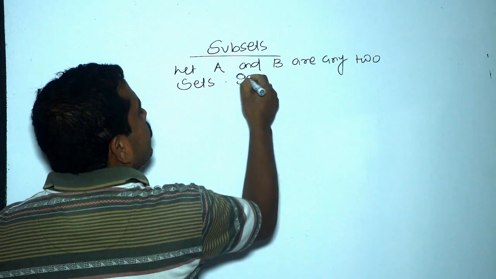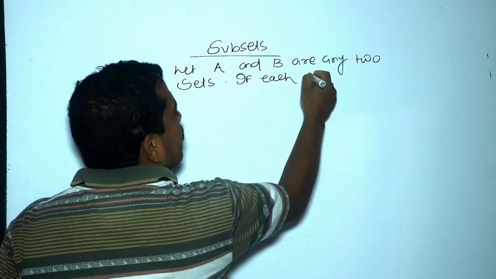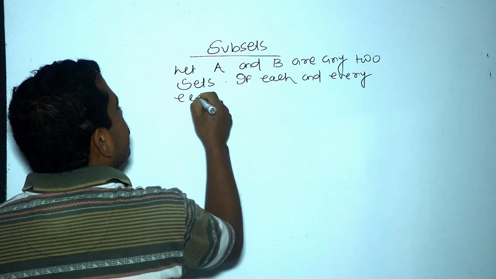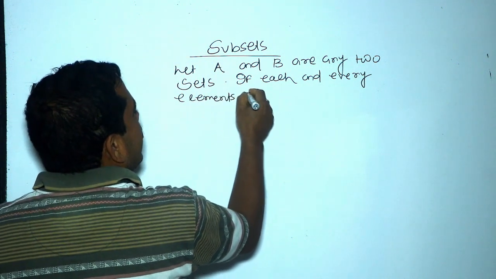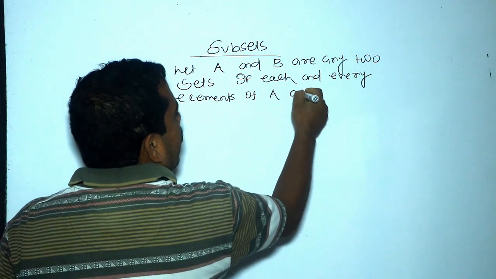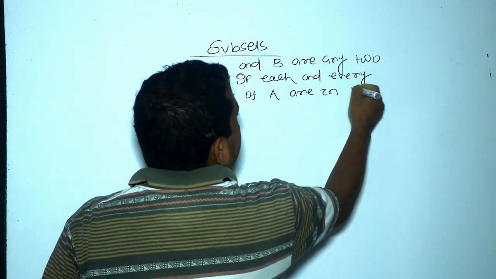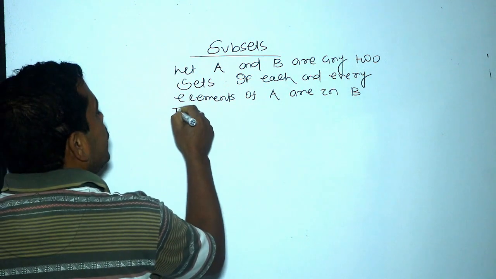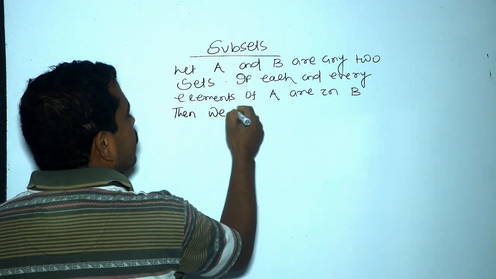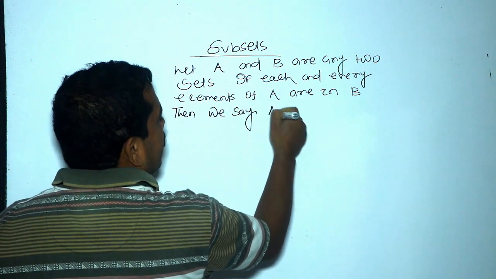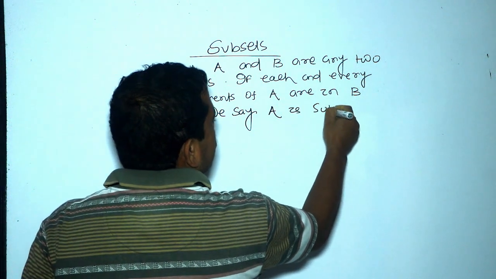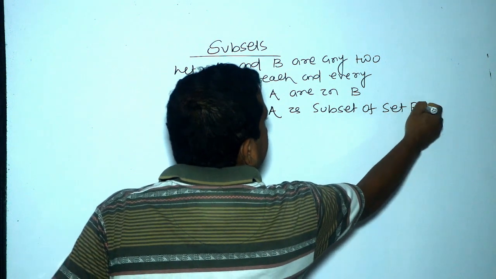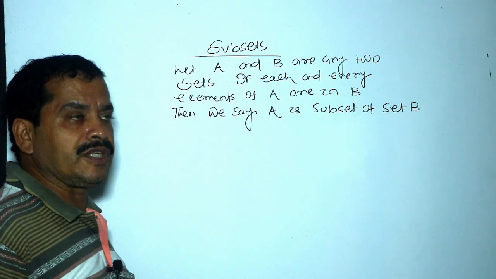If each and every element of A is in B, then we say A is a subset of set B.